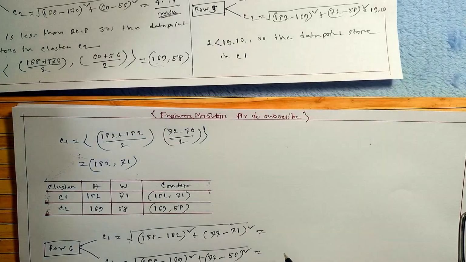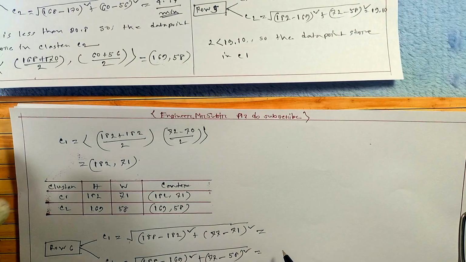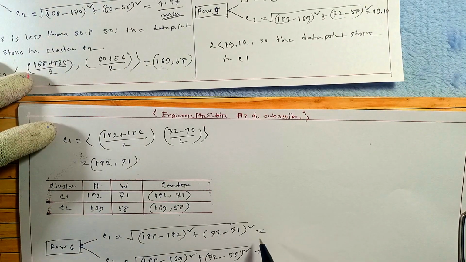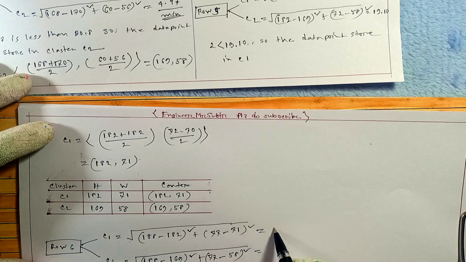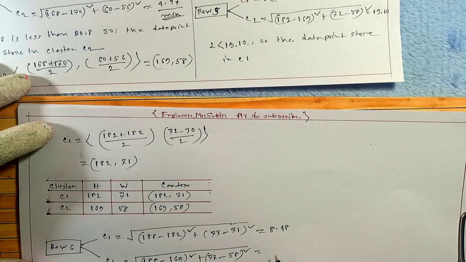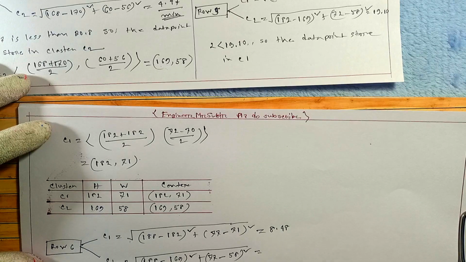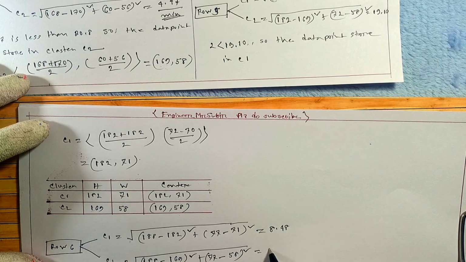So the value for row 6 for C1 is 8.48, and for C2 this value is 38 maybe.